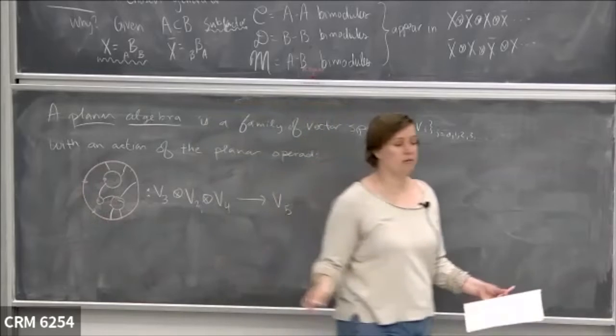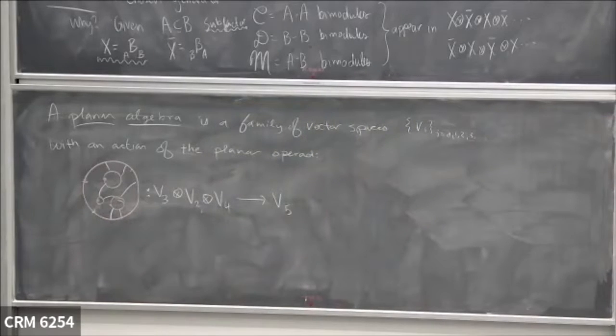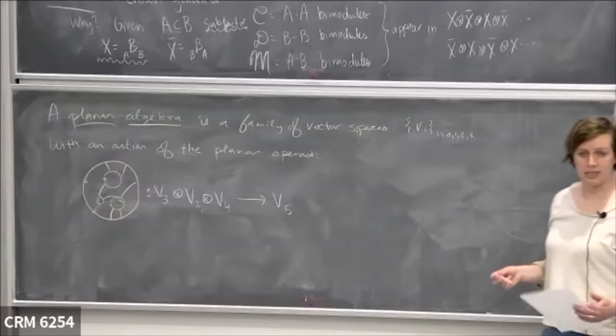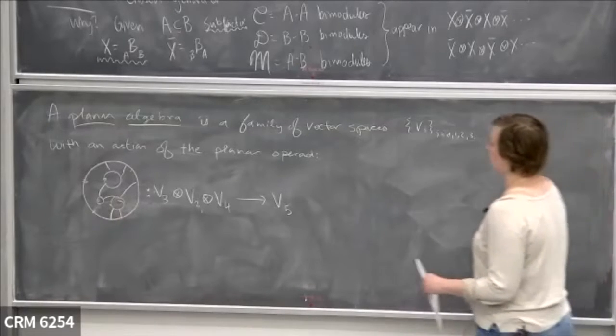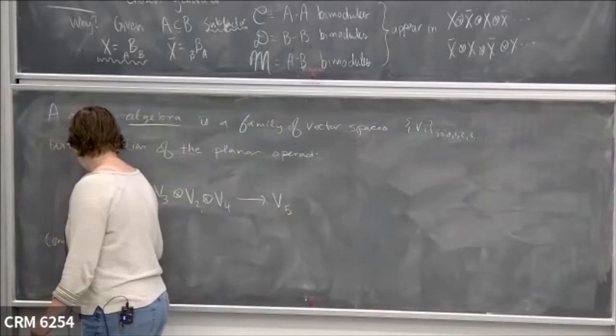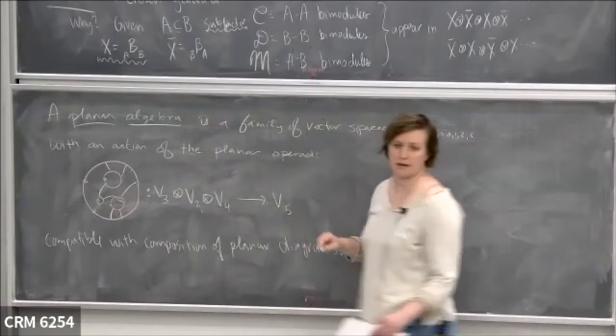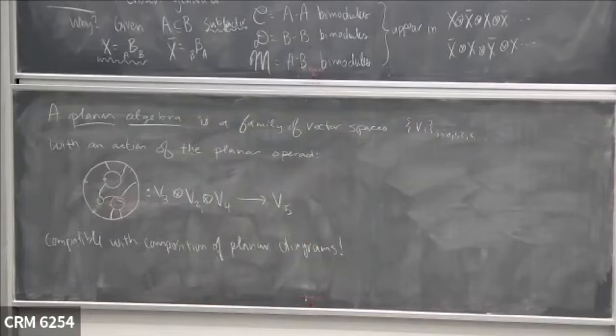Or more generally, a recipe to turn any picture into a multilinear map. What makes that challenging is that we want to do this in a way that's compatible with the operad structure, so compatible with composition. We have an example of composition written down already.